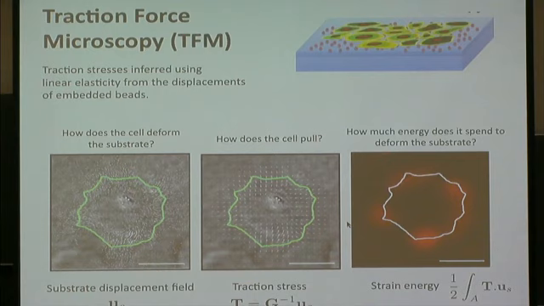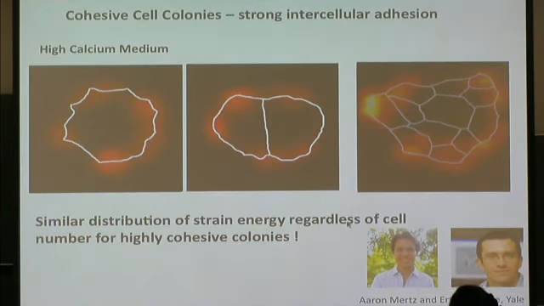One quantity that we'll continuously use for the rest of the talk is strain energy, which is just the integral of the traction dotted with the displacement field. These are experiments done in Eric Dufresne's lab, with whom we have been collaborating for the past 2 years. These are epithelial cell colonies, actually mouse skin cells, grown in high calcium medium for a day.